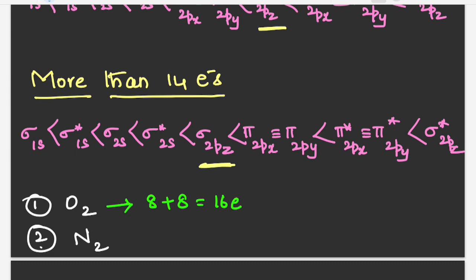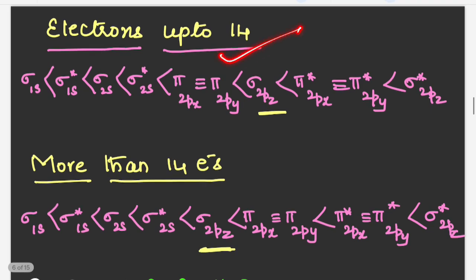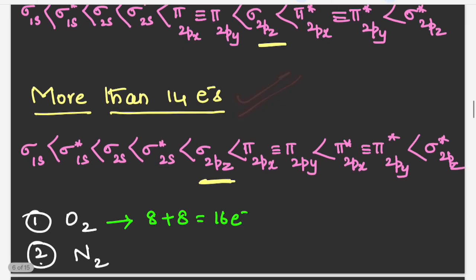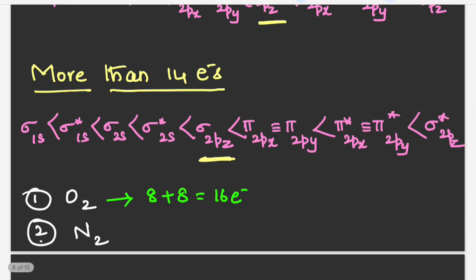Totally there are 16 electrons. Which arrangement are you going to use, up to 14 or more than 14? It is 16 electrons, so you will be using this one. Now write 2 electrons in each molecular orbital: 2, 4, 6, 8, 10, 12, 14, 15, 16. Can you see unpaired electrons present here?